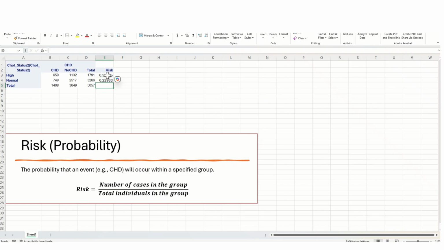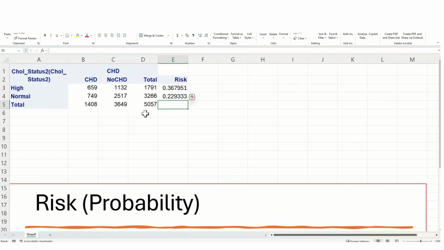So the risk of chronic heart disease among high cholesterol individuals is 36.8% approximately, and among normal cholesterol individuals is 22.9%.